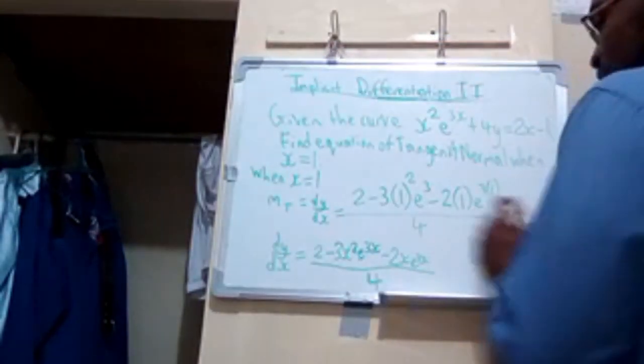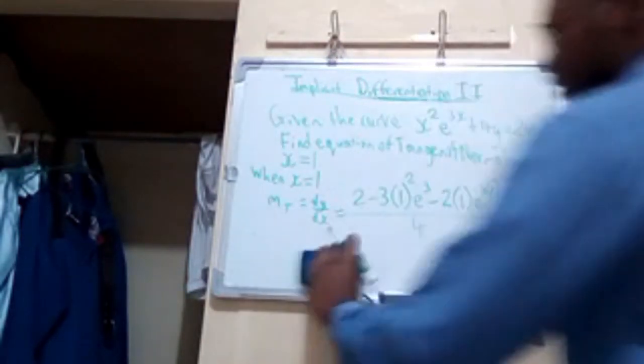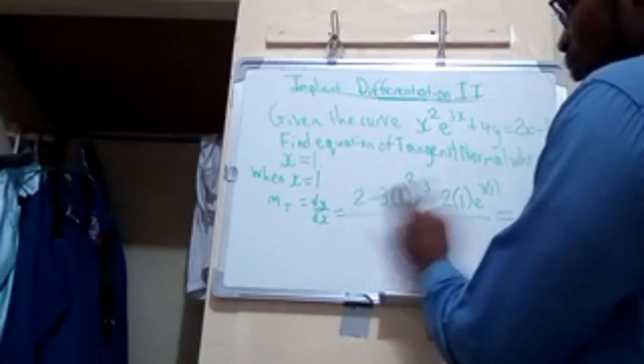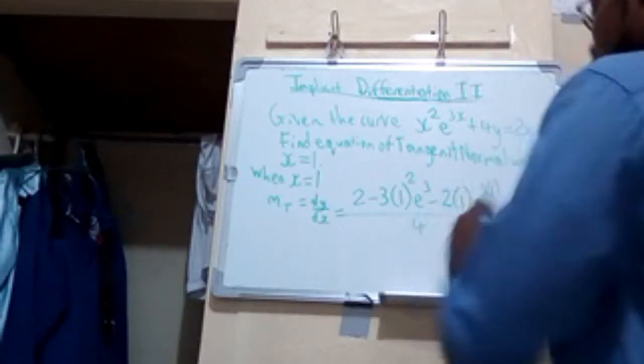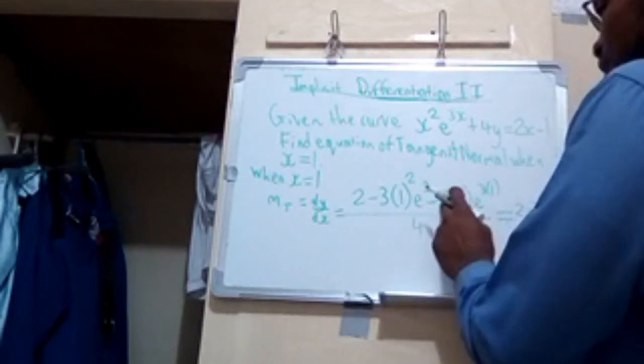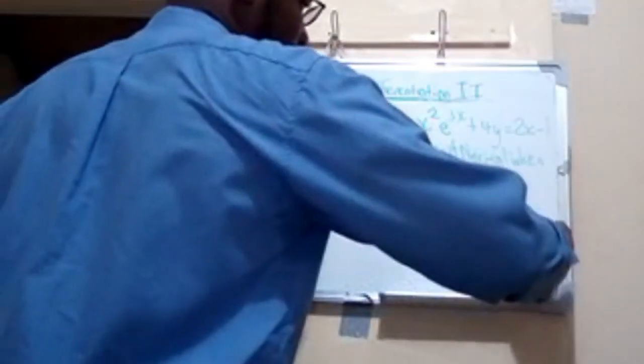And so the gradient of the tangent is working out to be 2 minus 3e cubed minus 2e over 4.